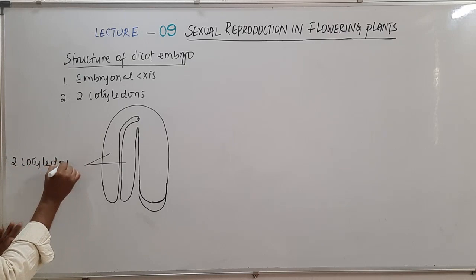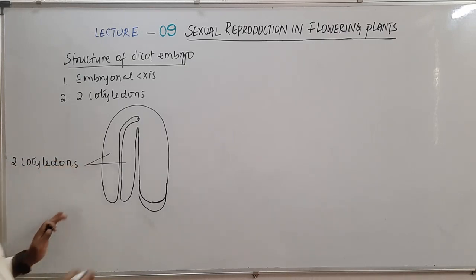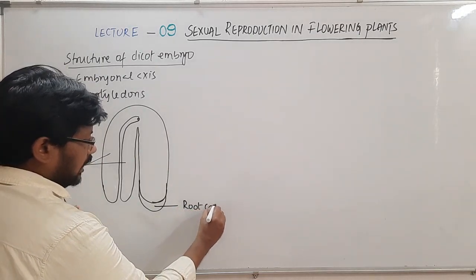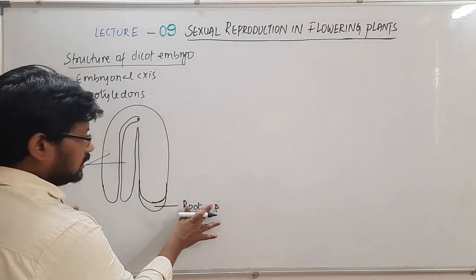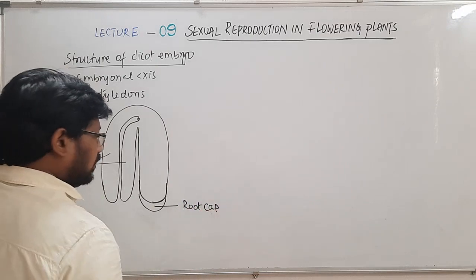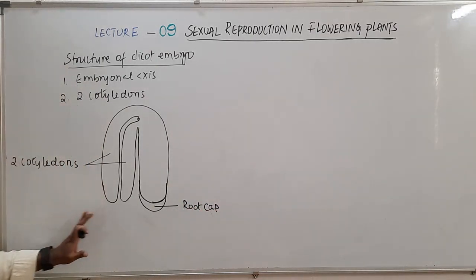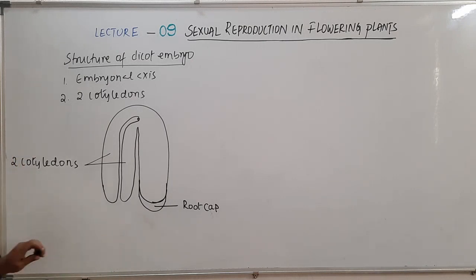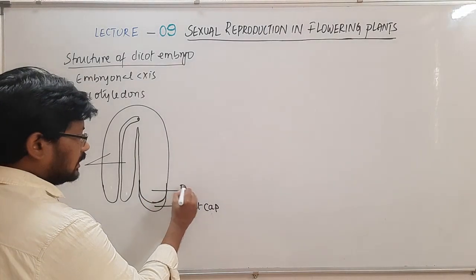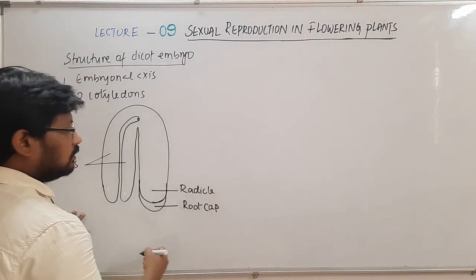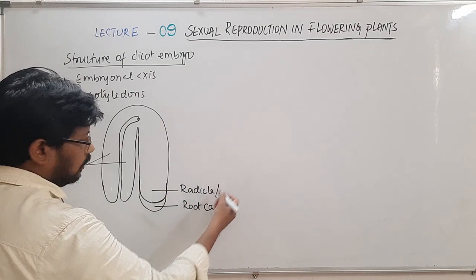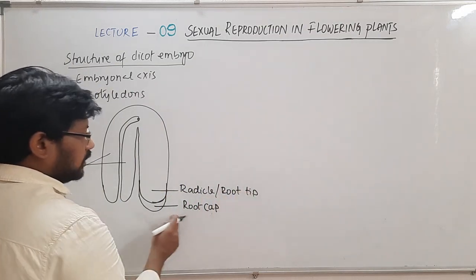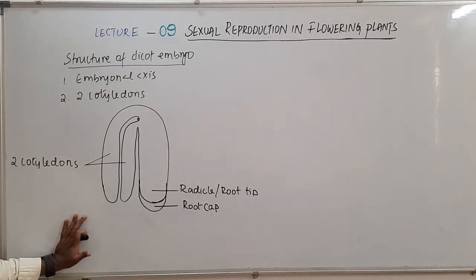So these two are the cotyledons, and here is the root cap. A protective layer that covers the radicle in the embryonic stages, and later also we will see the presence of this root cap. And here is the radicle. So this portion of the embryo is called the radicle, also known as the root tip. So the root tip is protected by this root cap.